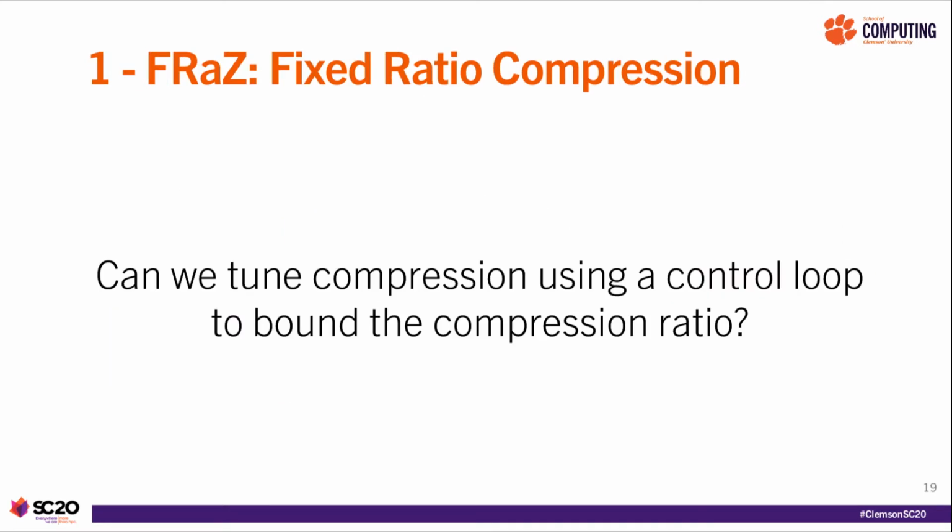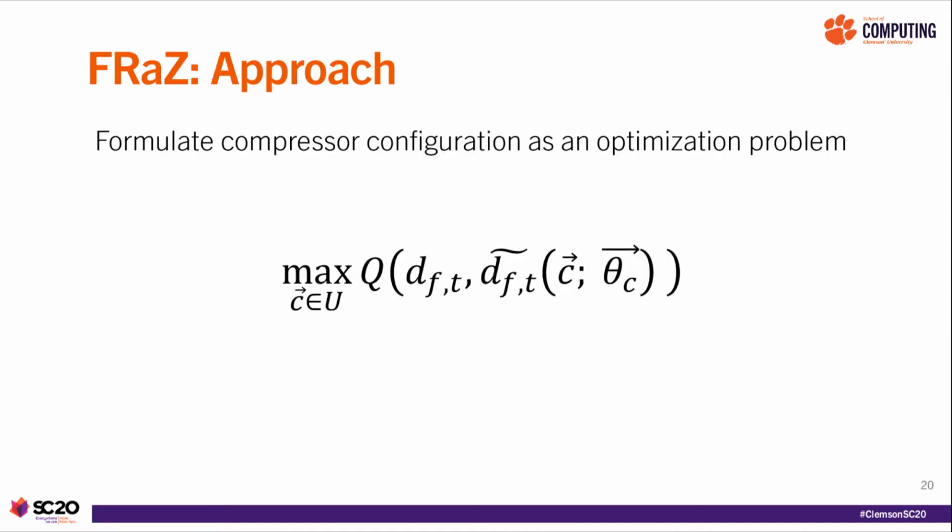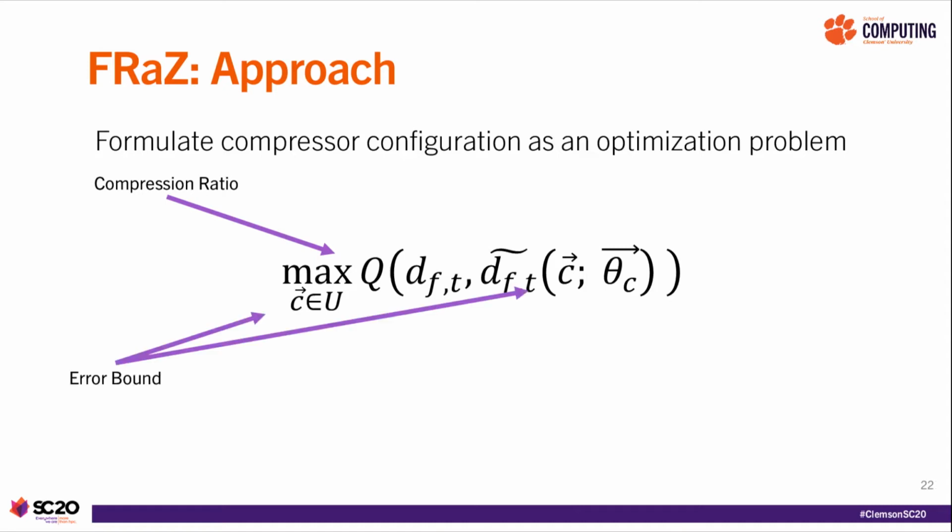The question we aim to answer with FRaZ is, can we tune compression using a control loop to bound the compression ratio? To begin, we're going to formulate the compressor configuration problem as an optimization problem. We will let Q be a function which returns the compression ratio. From there, we'll allow the vector C to be the error bound in the compressor.